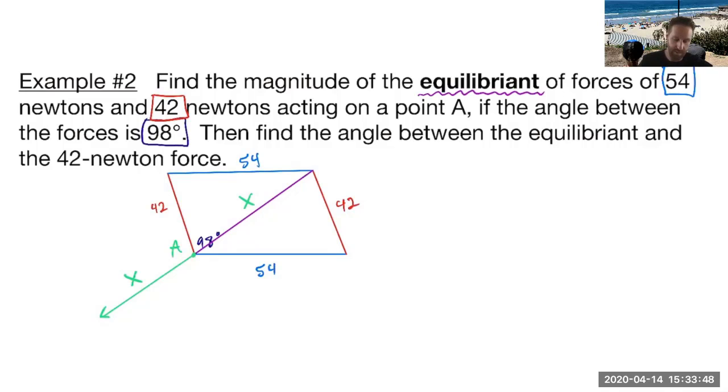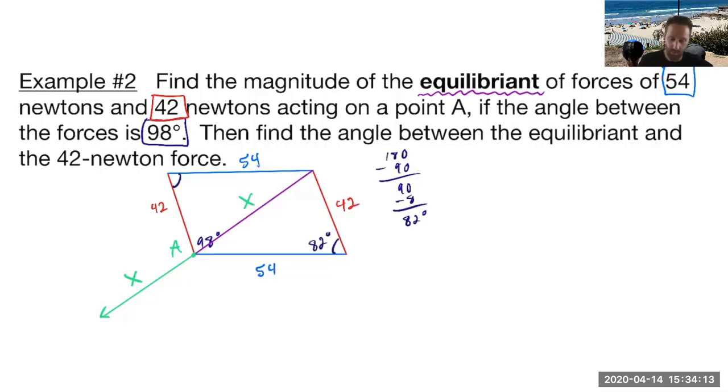But because that's 98, we know that both this angle and this angle are what are called the supplement of that. So I will take 180 degrees and subtract 90 first, which we know is 90, and then I will subtract the 8 from that to get 82 degrees. So that's the angle that I'm going to be able to use.